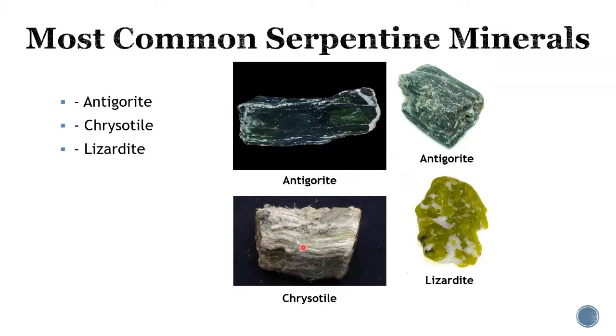This one is chrysotile, the variety that I have picked for you. This is the fibrous one, a variety that is a type of asbestos. This is lizardite, a pale or lime green color mineral.